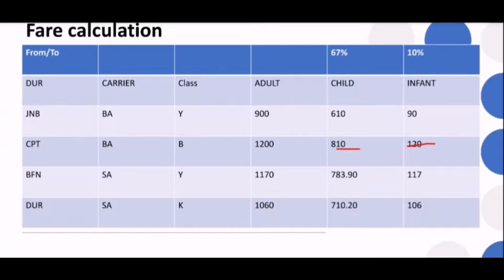Then when we get to flights for SAA, you had to manually calculate, and that's why you have figures like this, because you had to then go on and manually calculate 67 percent of one. So 57% of 1,170 is in this one, and then 10% of that same number is that one, the 117.